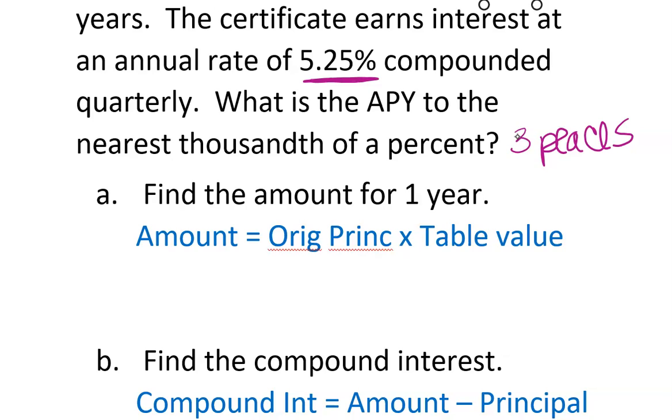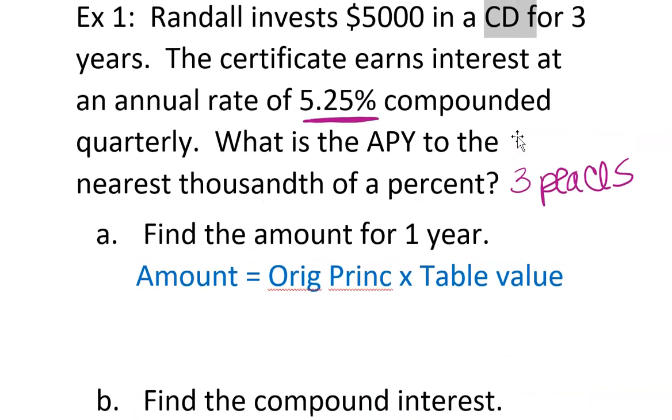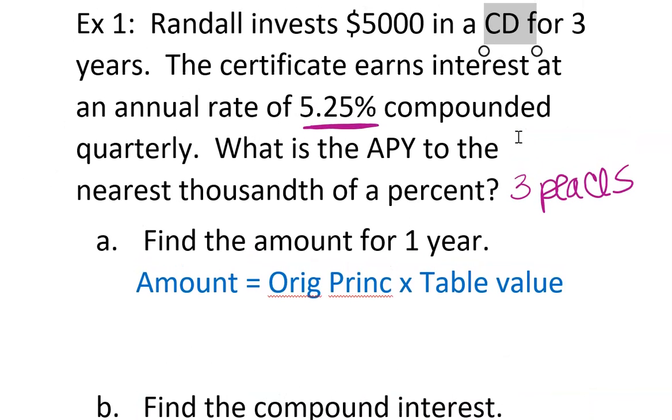So we're going to take our investment of $5,000 times the table value for 5.25% quarterly, 1.053543.